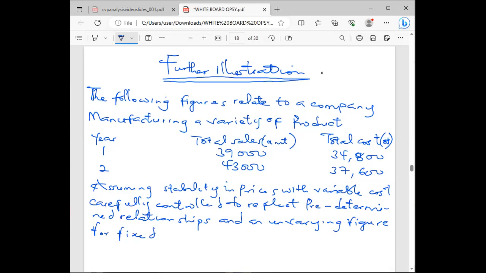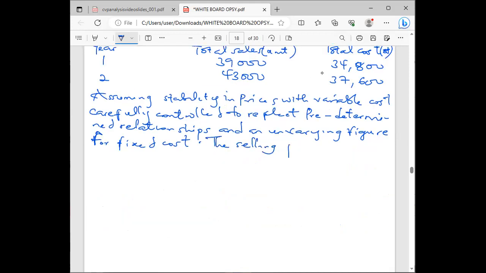That is, we are saying fixed cost does not change. Fixed cost remains the same. The selling price per unit is 1 naira. Required.